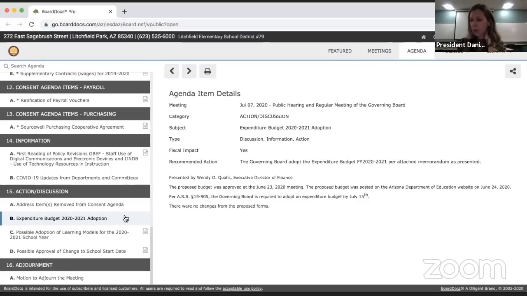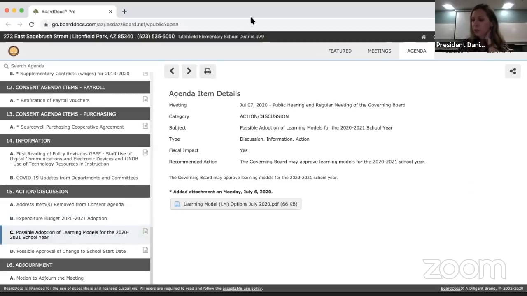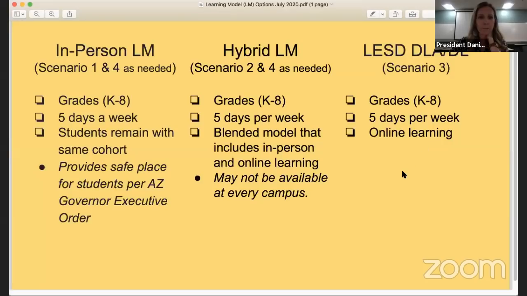Thank you. Moving on to item 15C, possible adoption of learning models for the 2021 school year. We'll have Superintendent Gunning walk us through that. Madam President, members of the governing board, I want to present to you our 3 learning options for the next school year. A couple of things I want to share as we jump into this: these are the options that we're considering once we are able to return to school safely.